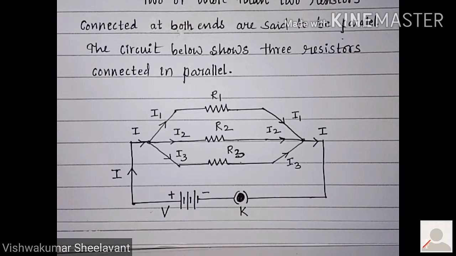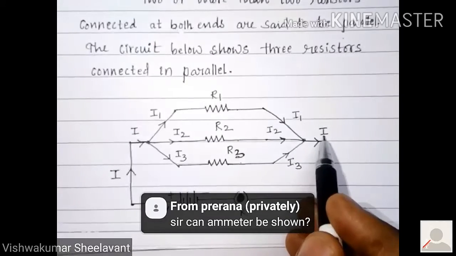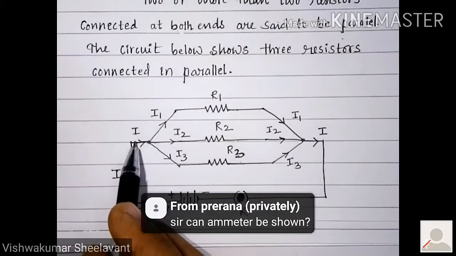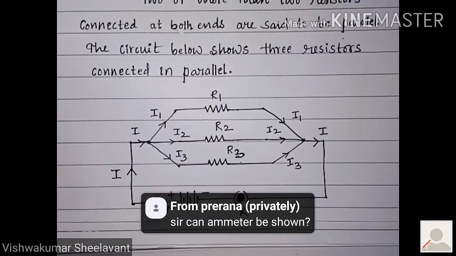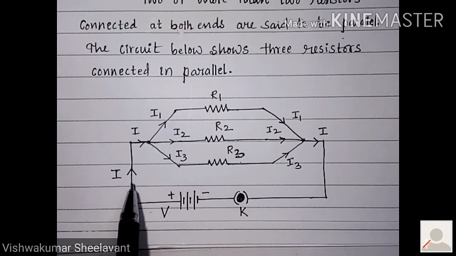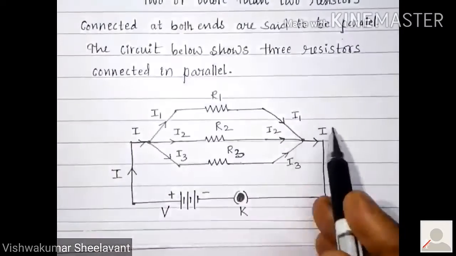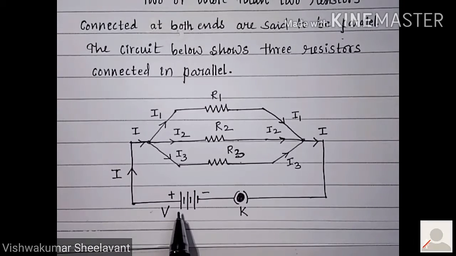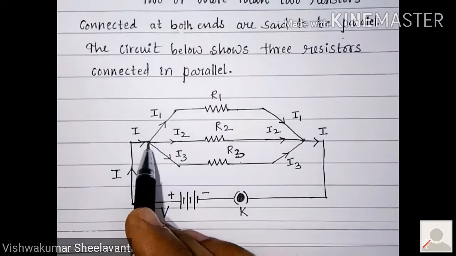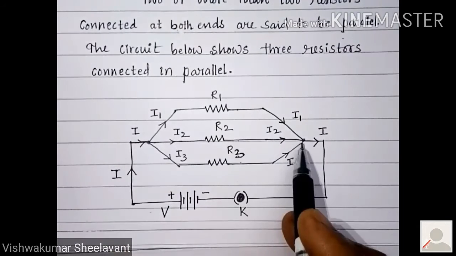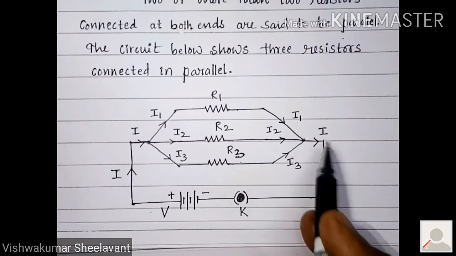They will add up to what? The total current I, which is here. How much current battery supplies, that much current it will receive back. So at the point of division I ampere, at the point of addition also I ampere.